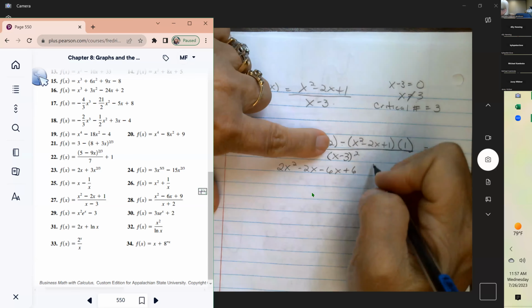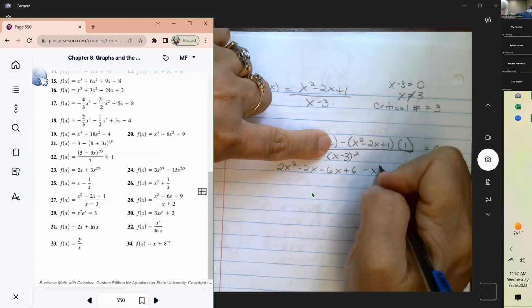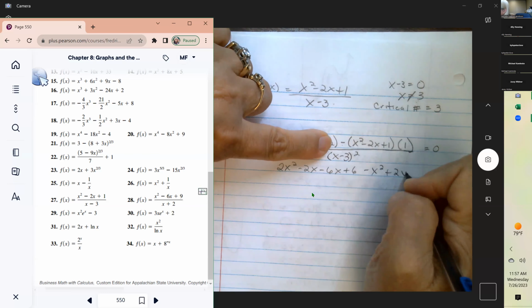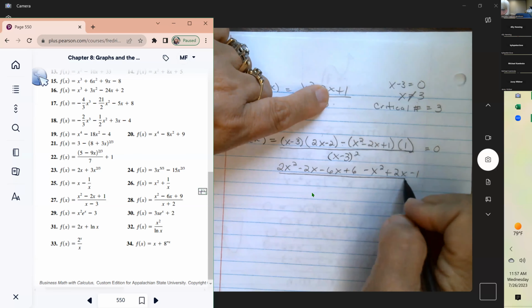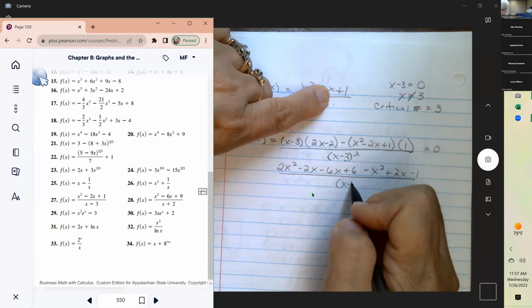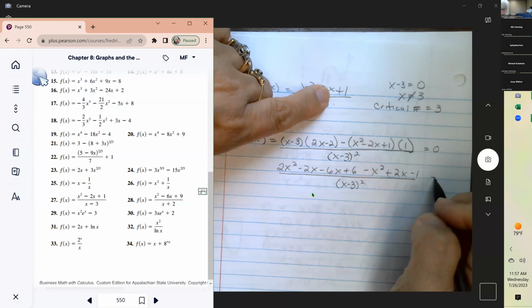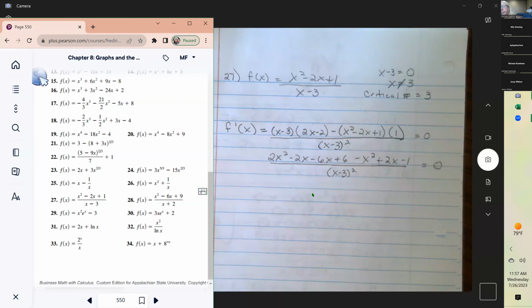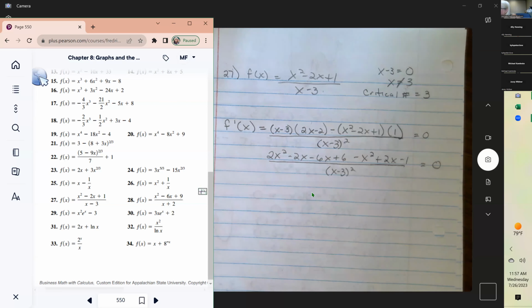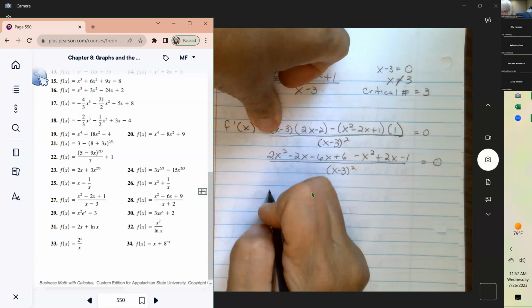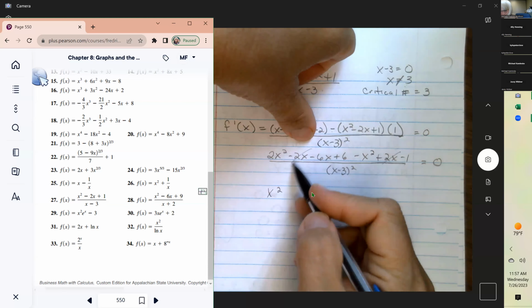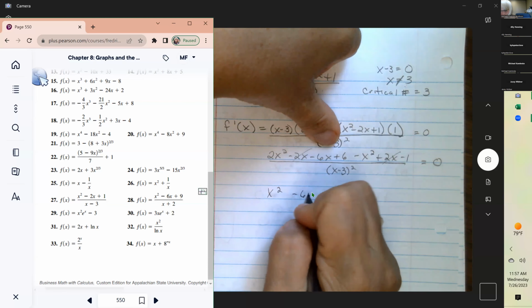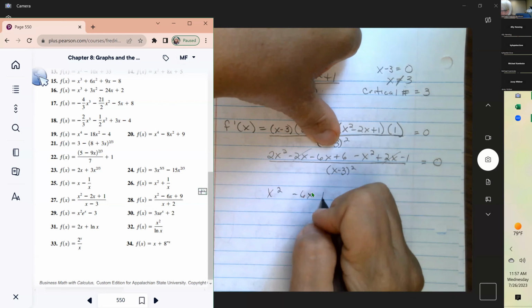So it's just gonna change our signs: negative x squared plus 2x minus 1. Combining like terms, we have x squared minus 6x plus 5.